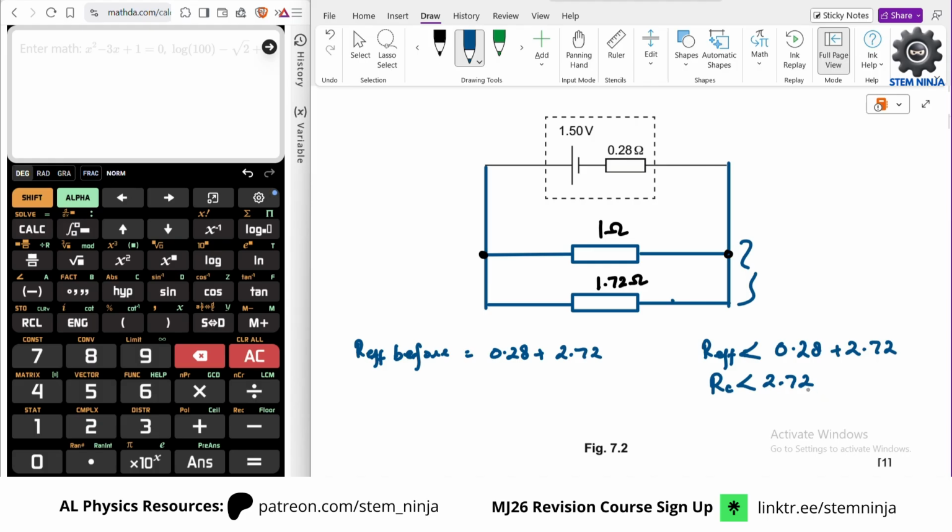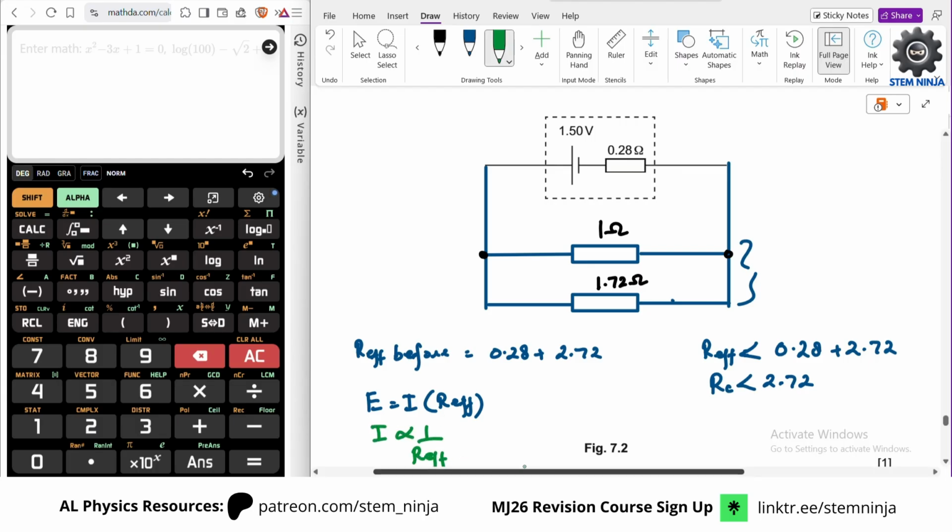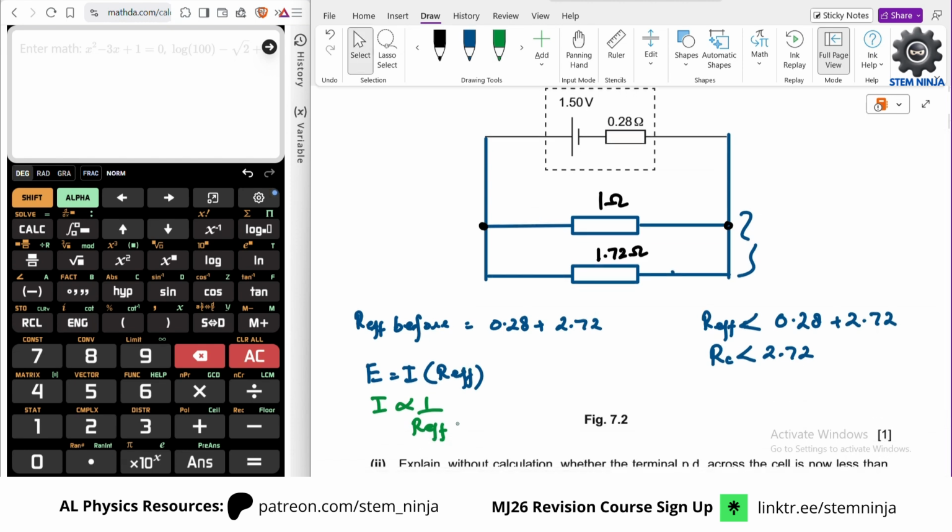Okay, now if the effective resistance of the circuit is now lower, and EMF is the same, this means that I is inversely proportional to effective resistance. So if effective resistance has decreased, the current flowing through the circuit or battery would increase.